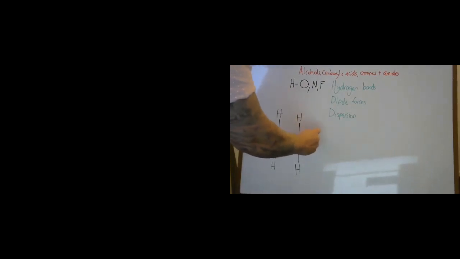So this is negatively charged, and you get interactions between the negatively charged oxygen and the positively charged hydrogen on the other side. So ethane, which is our hydrocarbon, has a boiling point of just minus 89 degrees. We add OH, or a hydroxyl group, it becomes ethanol, and the boiling point is 78 degrees. The only difference being the level of intermolecular forces between the two.